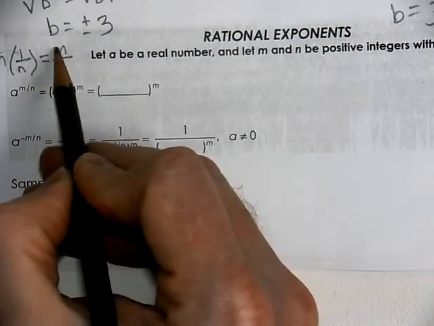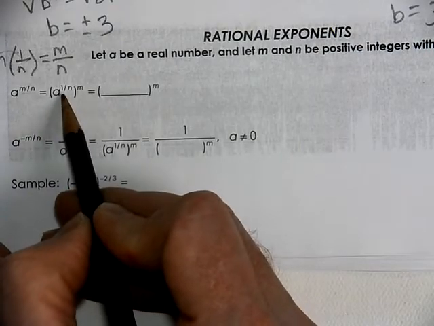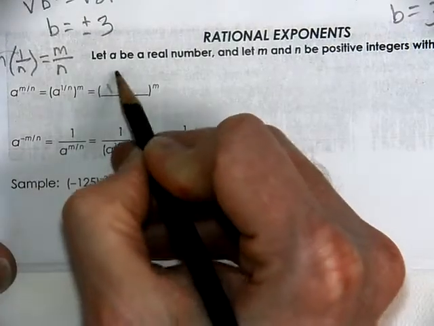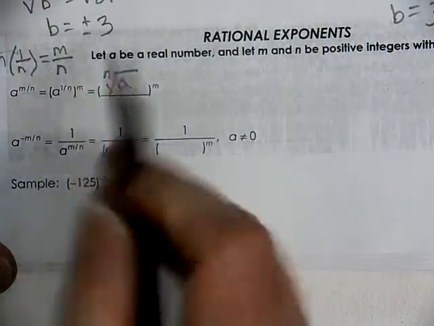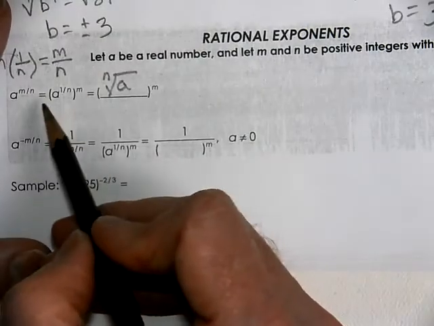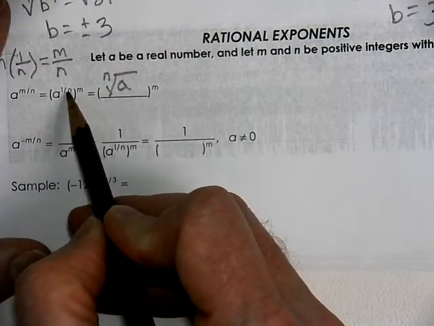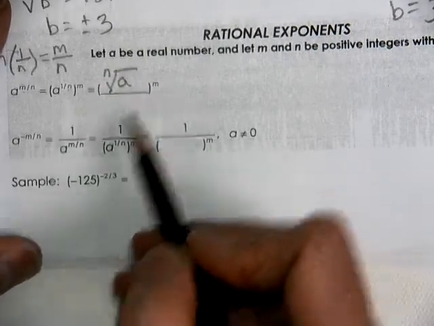Well, in this case, we're actually just pulling that m, like factoring the m out of it. Now you've learned that the index is the same thing as that denominator. So if you have a fractional exponent, you can actually write that with a radical in its place.